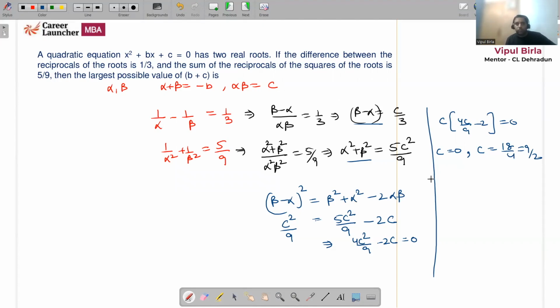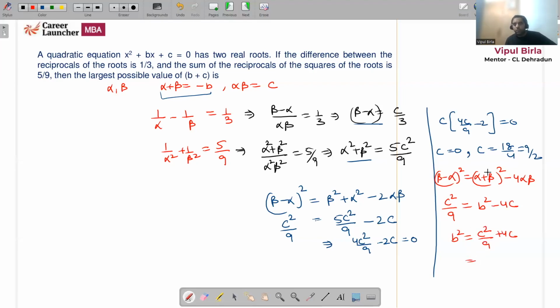Now we know the possible values of C. Let's try to identify what could be the possible value of B, which is nothing but this. Now, beta minus alpha square is equal to alpha plus beta square minus 4 alpha beta. So beta minus alpha square is nothing but C square by 9, which is equal to B square minus 4C, or B square will be equal to C square by 9 plus 4C.